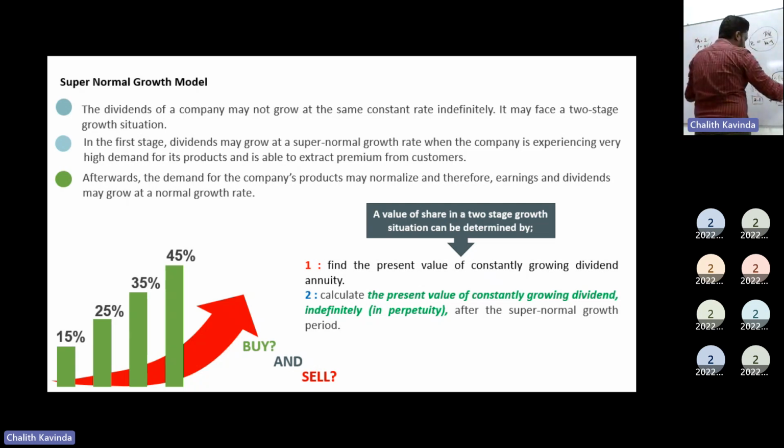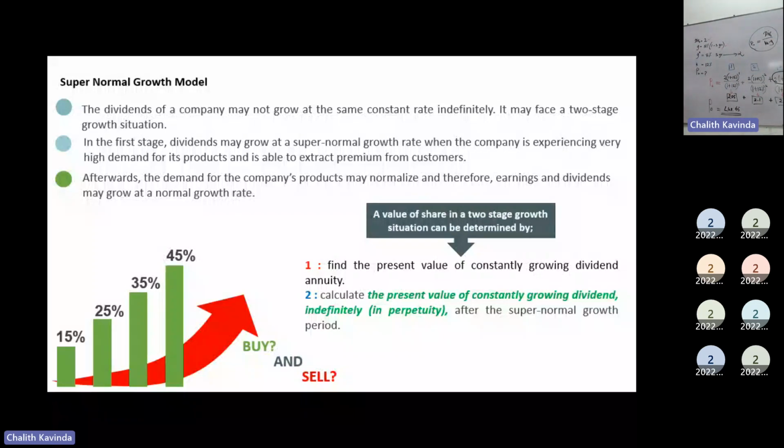This is in between these two here. That is your first stage. After that, that is your second stage. In the first stage, dividends may grow at a supernormal growth rate, when the company is experiencing very high demand for its products and is making profits.